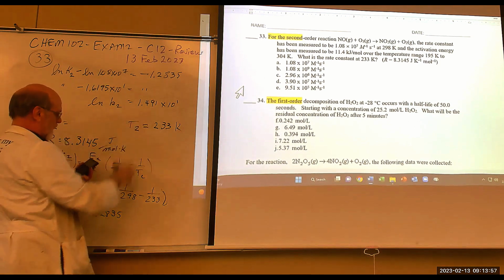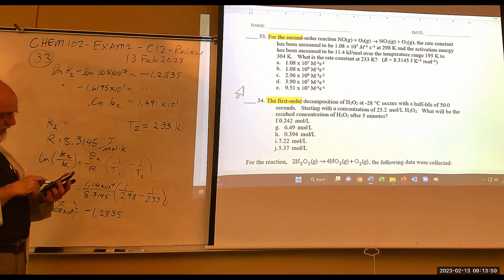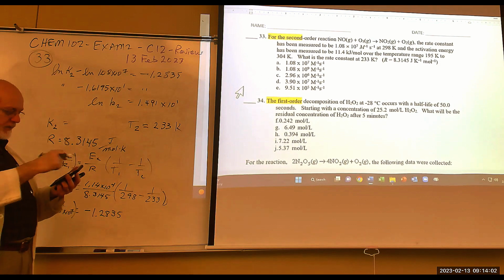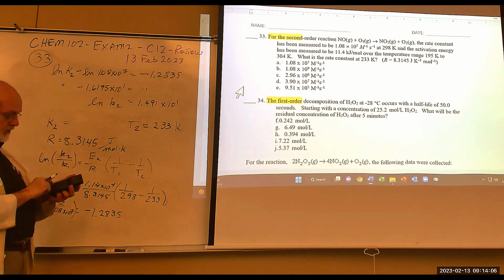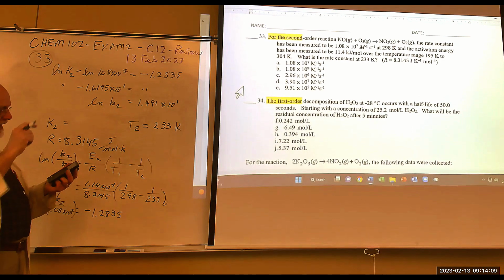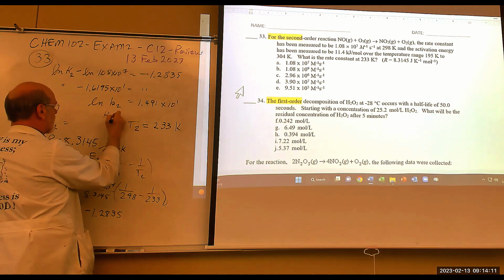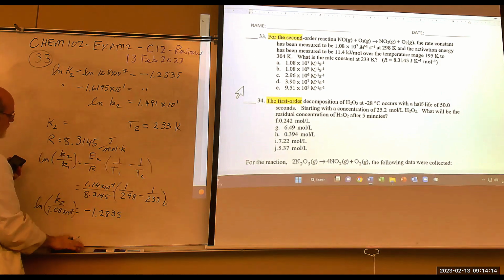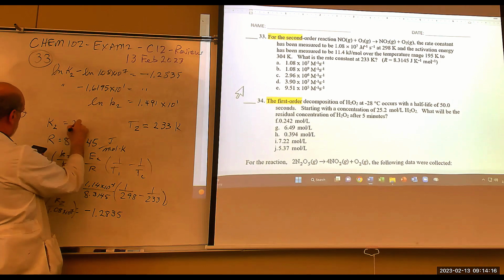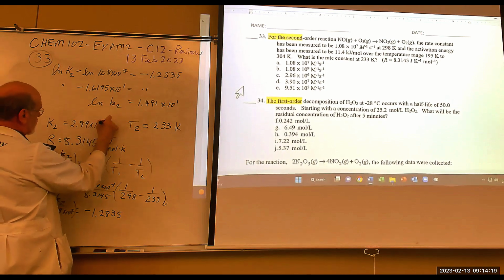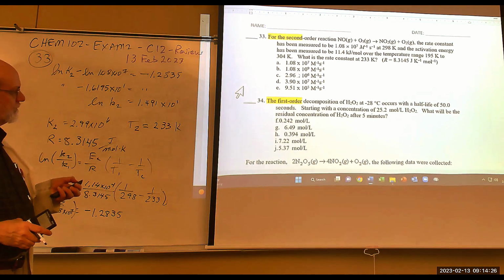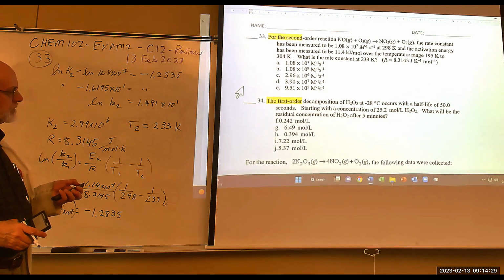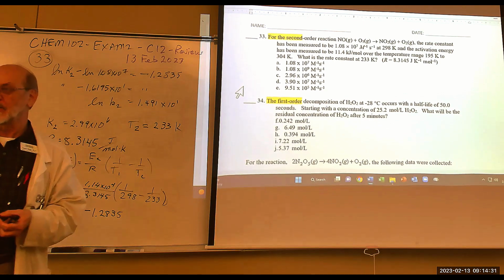Well, you got this number in there already. All you need to do is find your e to the x, which is the function above the ln in mine. You just say function e to the x. That means K2 now is 2.99 times 10 to the 6th. All right, which one's closest? This one right here. Pick your best answer. Okay.